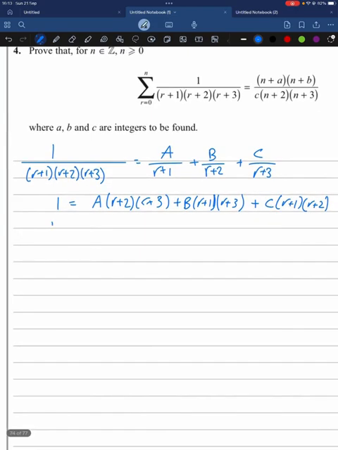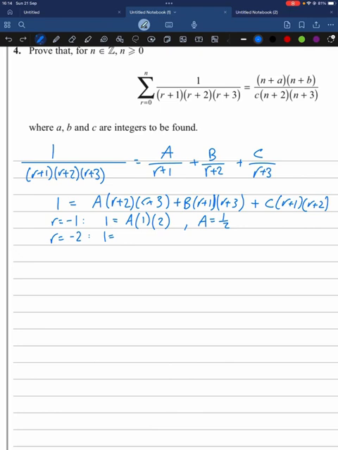Right, let's let r equal minus 1. We'll get 1 is equal to a times minus 1 plus 2 is 1, minus 1 plus 3 is 2. This will be 0, this will be 0. So what we get is 2a is 1, so a is equal to a half. When r is minus 2, we'll get 1 is equal to, that will be 0, that will be 0.